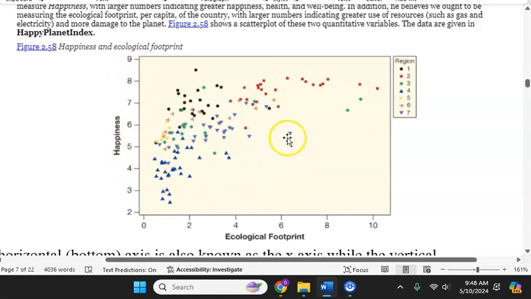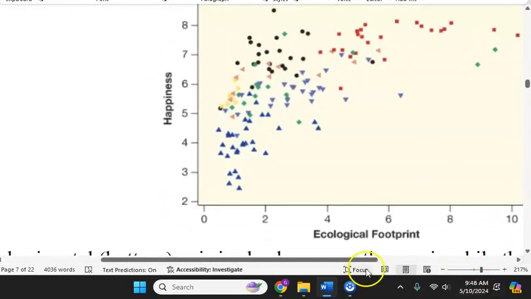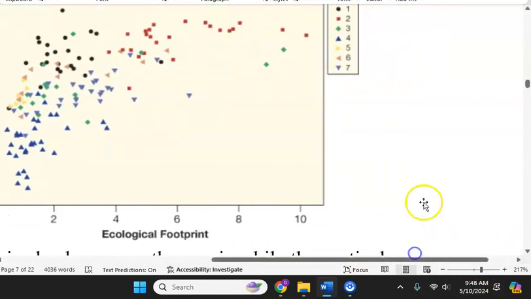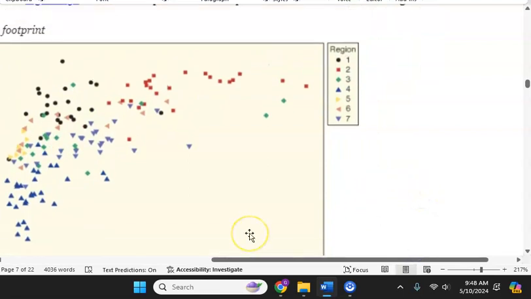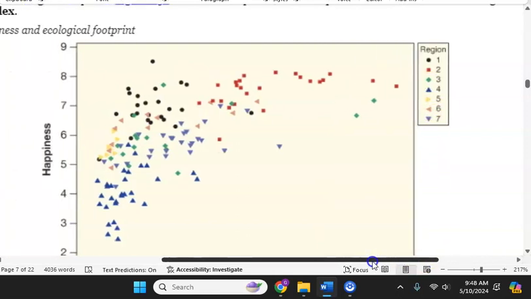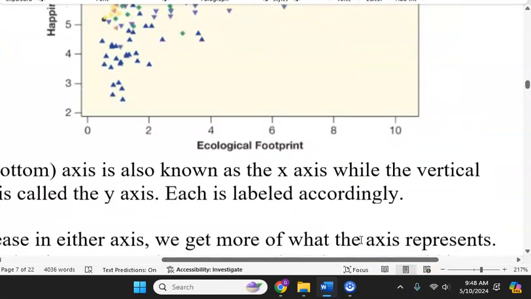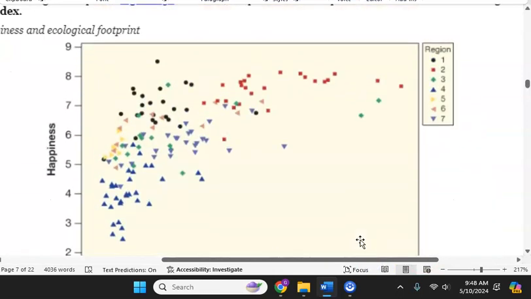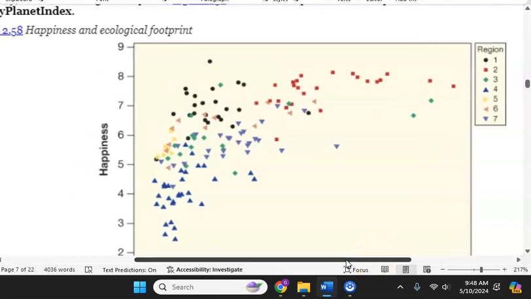Each symbol here looks like triangles, and we see the legend over here: triangles, circles, diamonds, different colors, representing different regions of the world.